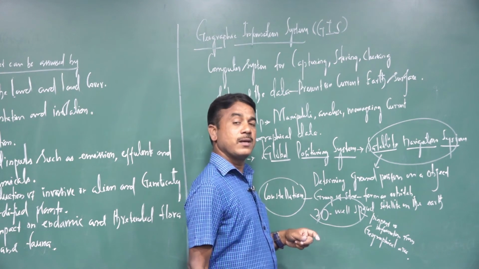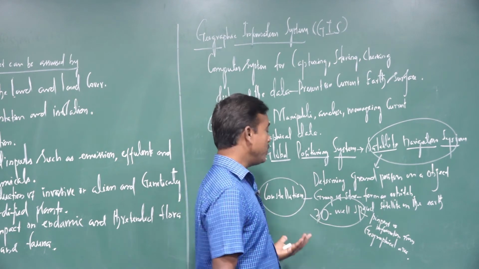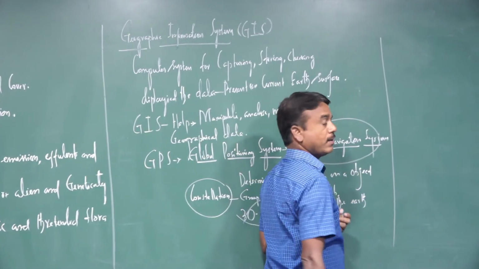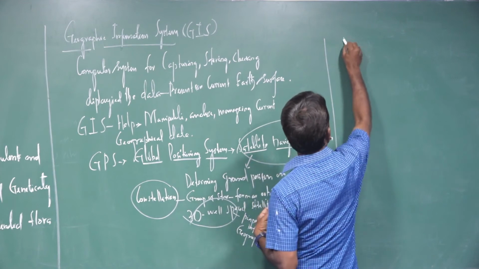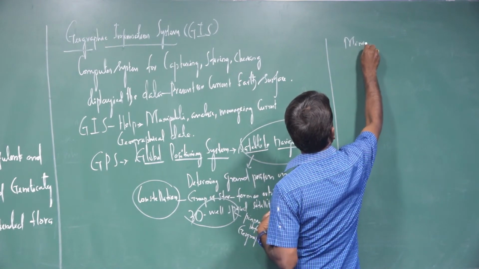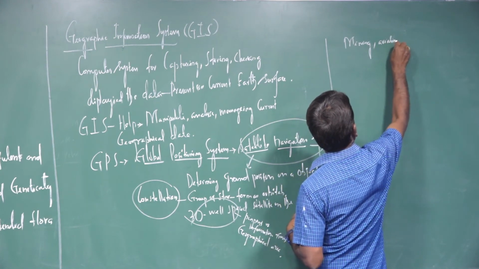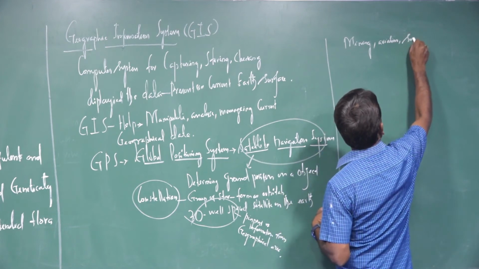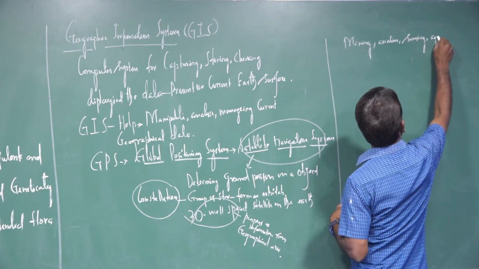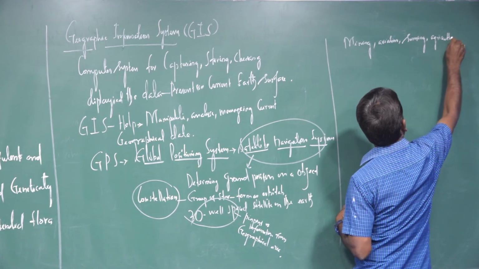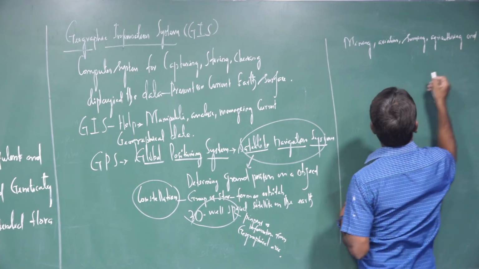So nowadays, some of the applications which go along with GPS utilize various aspects like mining, aviation, surveying, then agriculture, and last one, marine ecosystem.